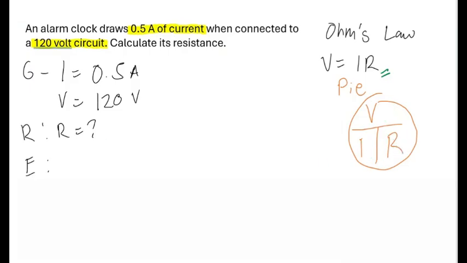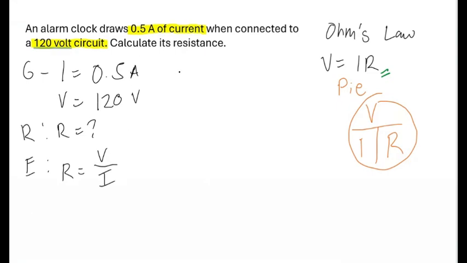So our equation: resistance equals voltage over current. That is our Ohm's law equation for finding resistance.